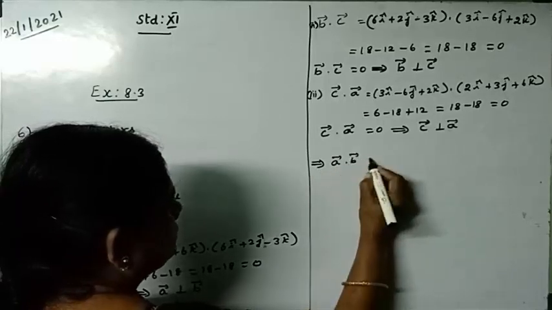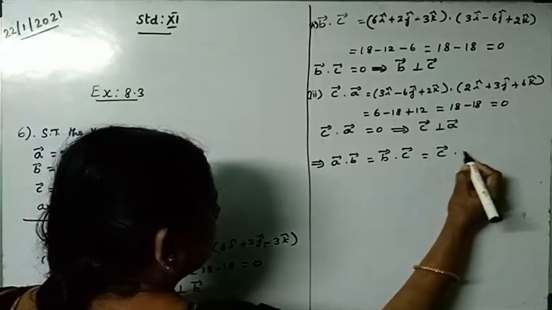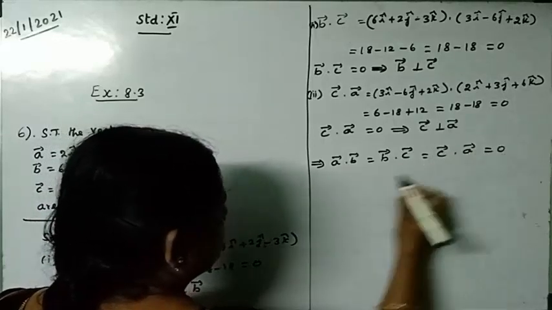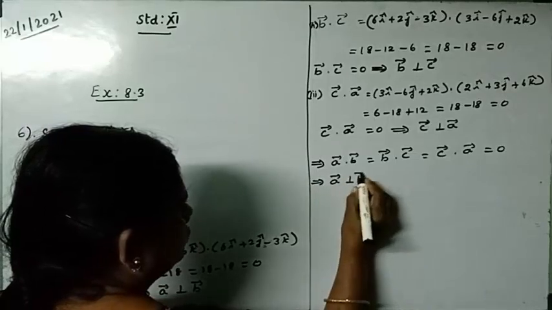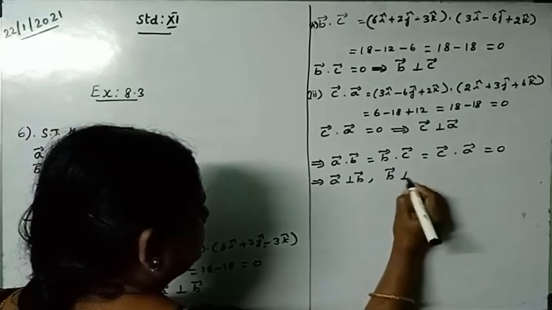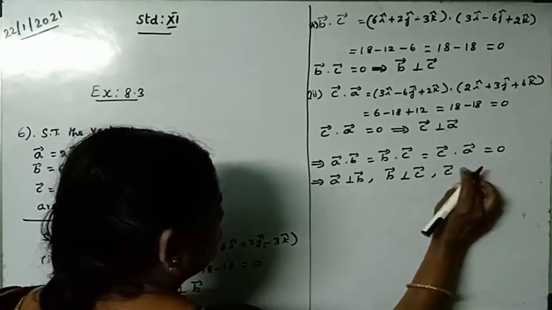So therefore A dot B is equal to B dot C is equal to C dot A is equal to 0, which implies A vector is perpendicular to B vector, B vector is perpendicular to C vector, C vector is perpendicular to A vector.